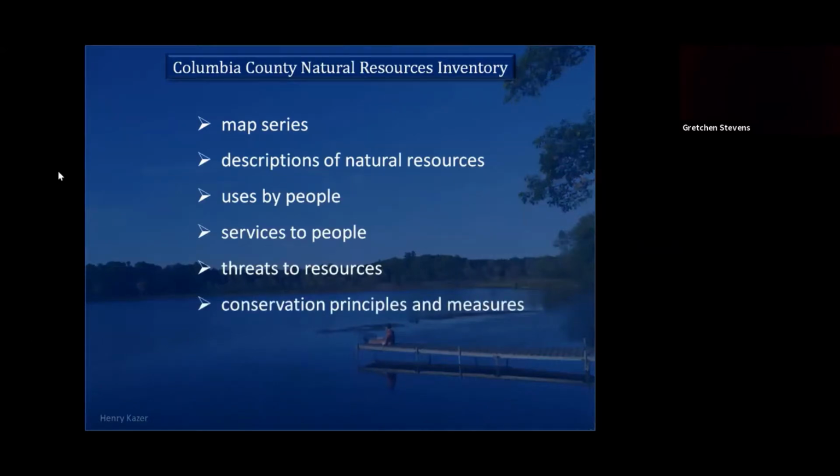Basic conservation principles that can be applied by landowners, by public agencies, and by conservation organizations, and recommendations for sustainable uses and ideas for local policy, procedures, and legislation that can help to protect resources of conservation concern.